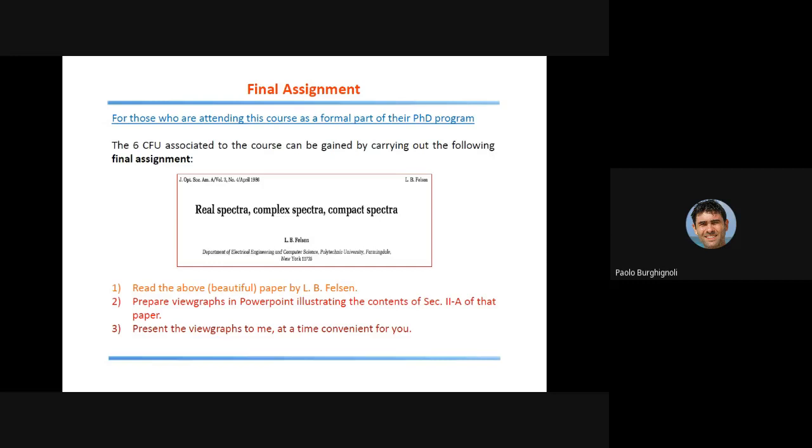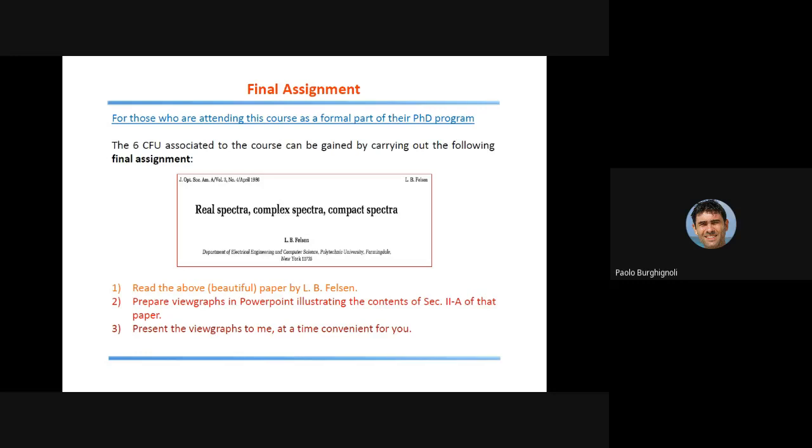And basically, this paper is an overview of how, using complex variable techniques, you can achieve compact representations of wave phenomena, which would otherwise be much more complicated to describe if you remained confined on the real axis. So if you, instead of using a complex spectra, you would use a purely real spectra.